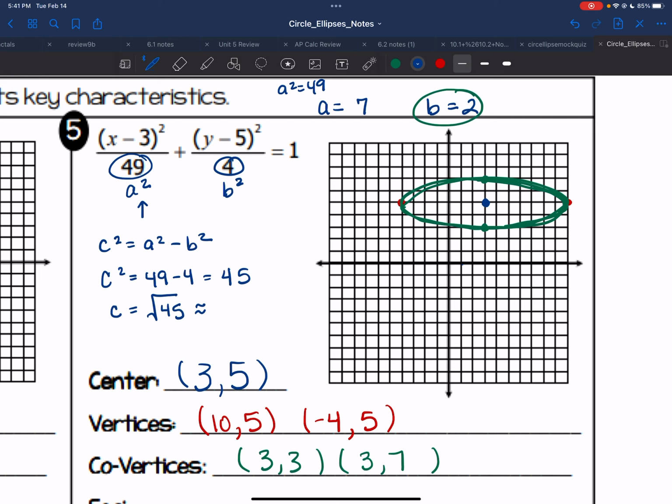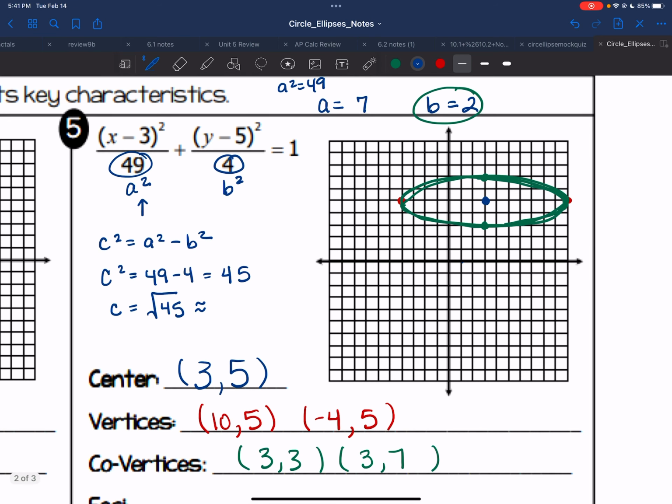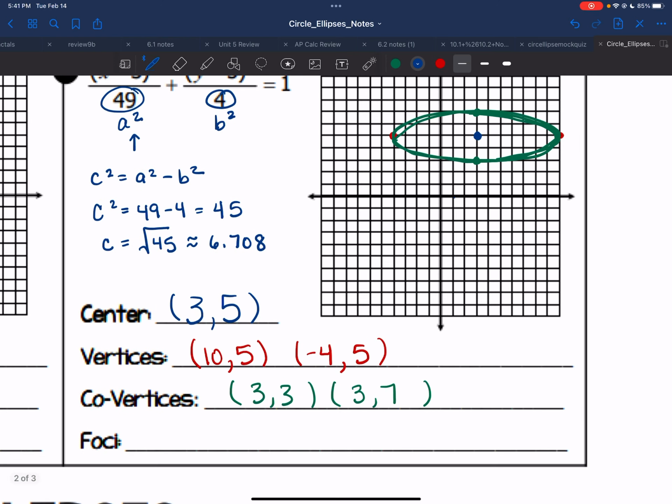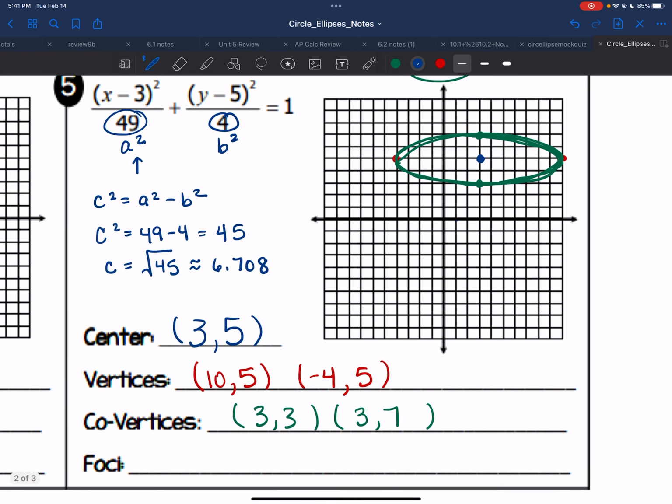So the square root of 45 is going to be approximately 6.708. 6.7 is fine if you're in regular pre-calculus. So in order to get that, because this is horizontal, I'm going to take that x value, which is 3, and I'm going to do x plus 3, or I should say 3 plus my foci, so 3 plus 6.708, and then I'm going to do 3 minus 6.708, and that's how I'm going to get my 2 foci.